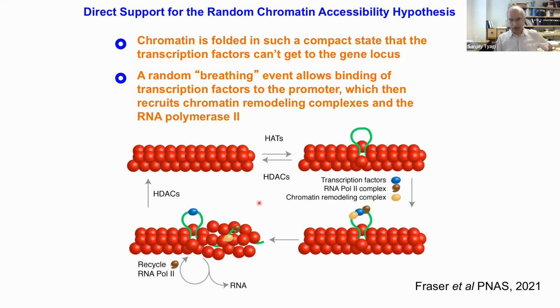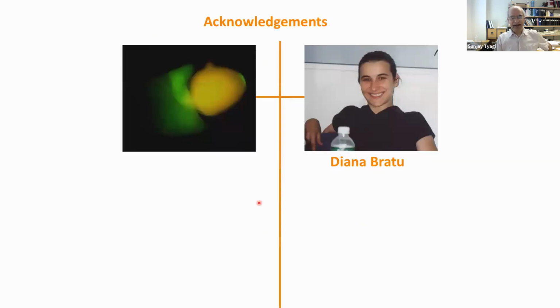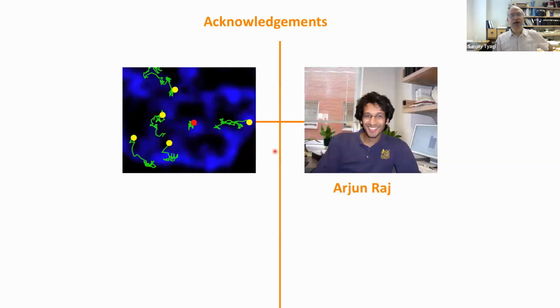Okay, I'm going to stop here and quickly, within 10 seconds, show you the faces of people who have done the work. The live cell experiments in the fruit flies were done by Diana Bratu when she was a graduate student. She's a professor at Hunter College and became a fruit fly biologist.